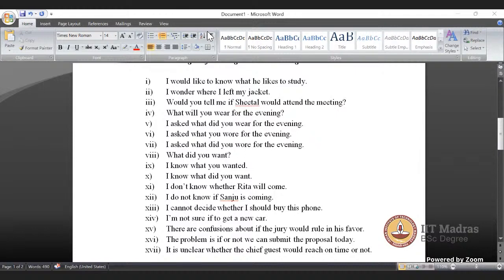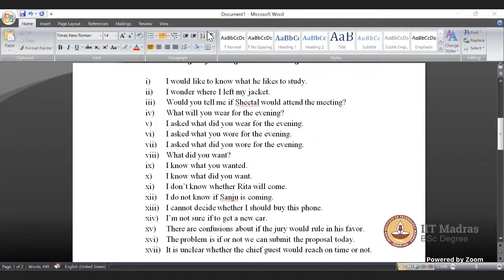If it is not a finite clause, then you cannot use if. This is a speciality with the complementizers. If, that, whether, question words, all of them are referred to as complementizers.